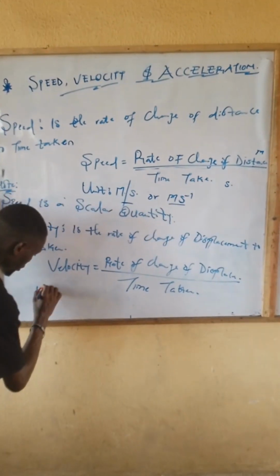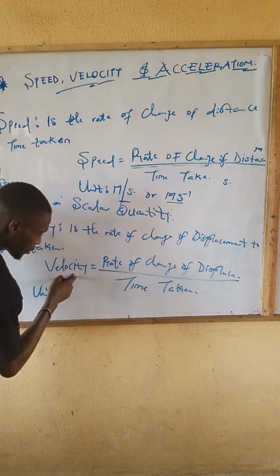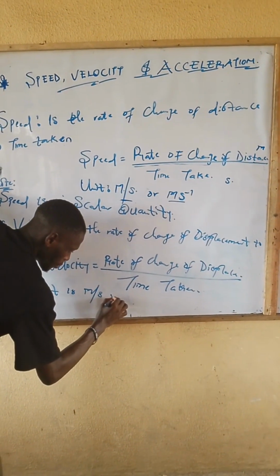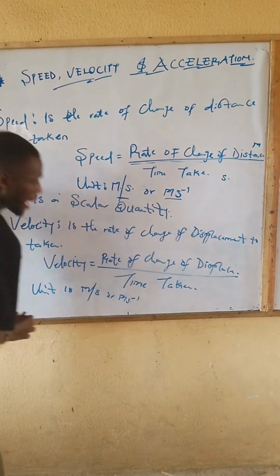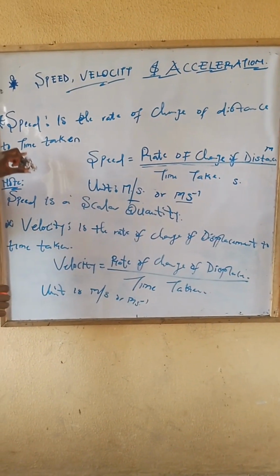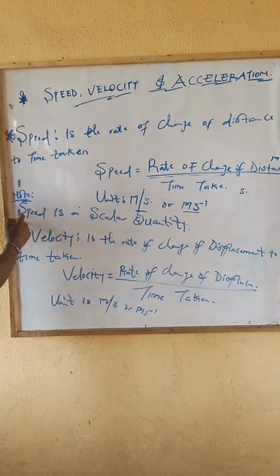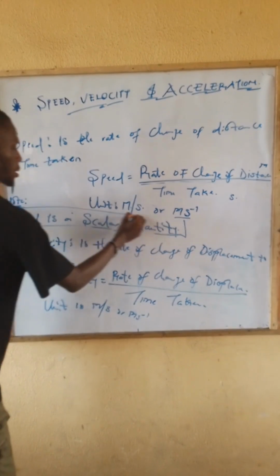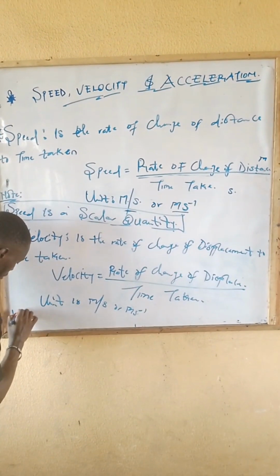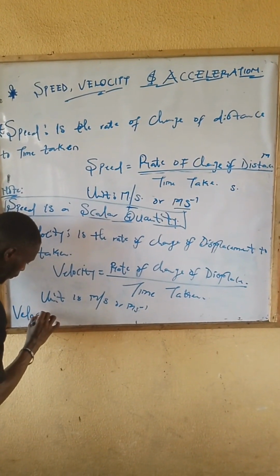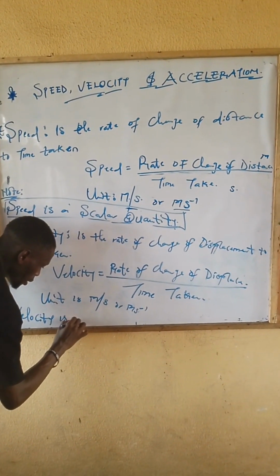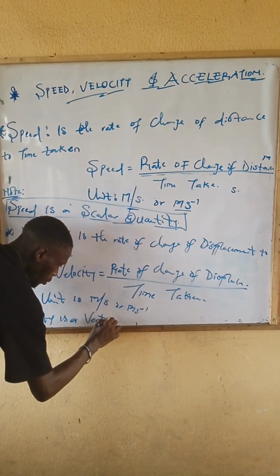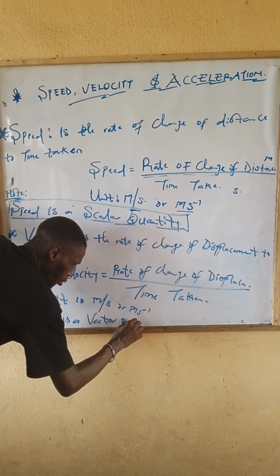And the unit of this velocity is also meters per second. And the difference between velocity and speed is that speed is a scalar quantity, while velocity is a vector quantity.